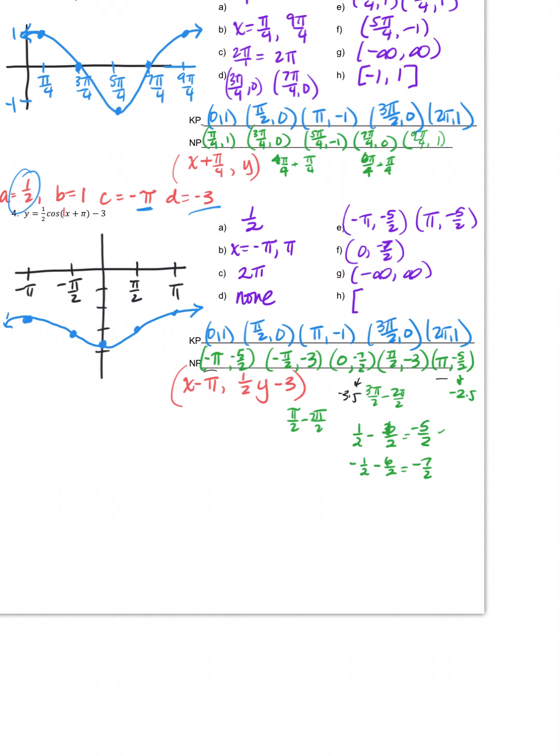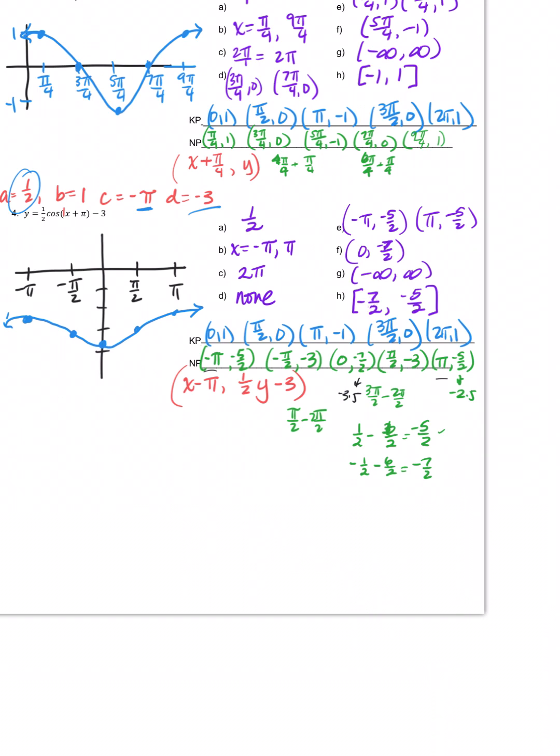And then our range is very small, actually. It goes from negative 3.5 or negative 7/2, however you want to write it, to negative 5/2. Seems weird, doesn't it? But that's the range. That's it for this one.